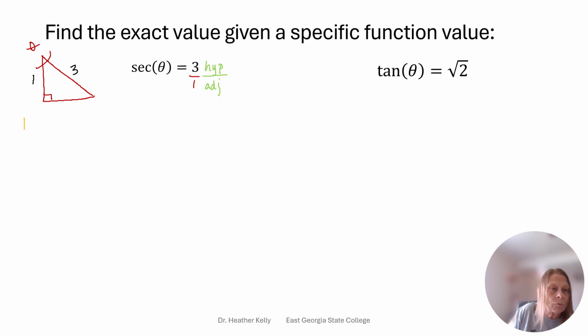So we have 1 squared plus a squared is equal to 3 squared. So a squared is equal to 9 minus 1 is 8. A is equal to 2 root 2.